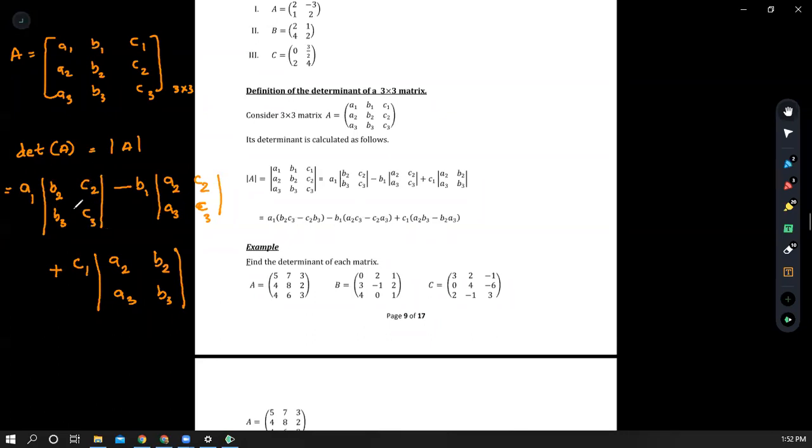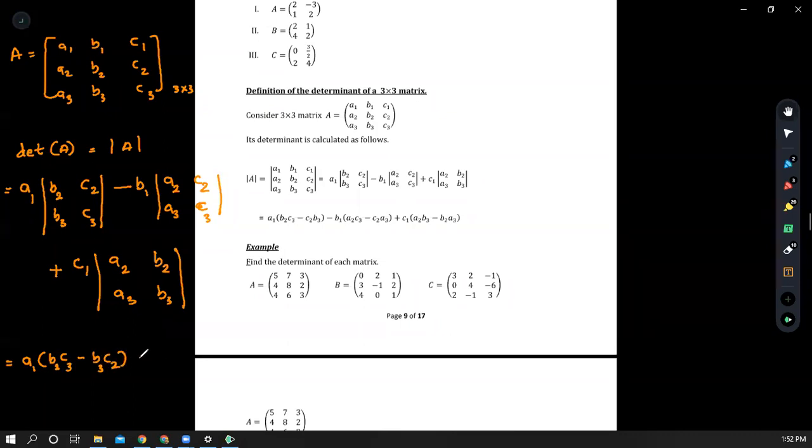Now we can use the same concept that we used previously for 2 by 2. Inside this determinant notation we can see only the elements of 2 by 2 matrices. Therefore we get a1 times b2 multiplied with c3, that gives b2 c3 minus b3 c2.